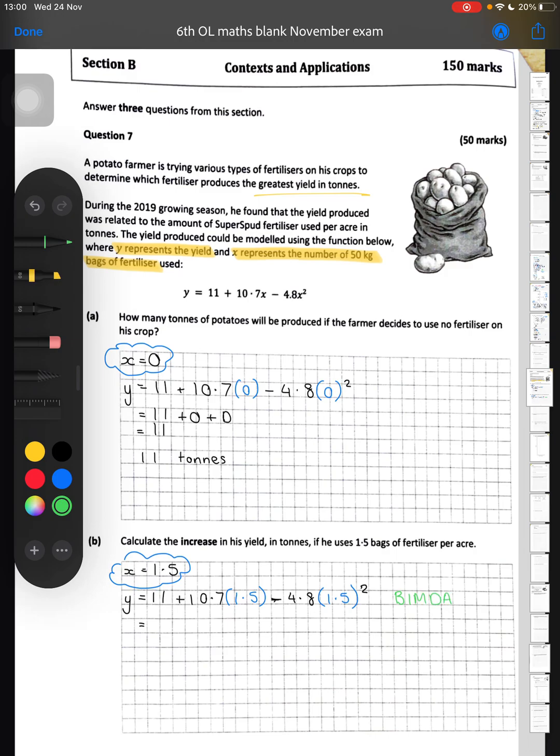Inside my brackets, there's nothing that I can simplify. I do have indices, a squared here, so I'm going to do that first. So I still have 11 plus 10.7 times 1.5 minus 4.8, and now 1.5 squared is going to give me, so that's 3 over 2, so 9 over 4.